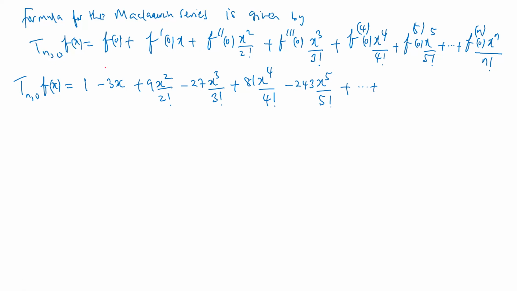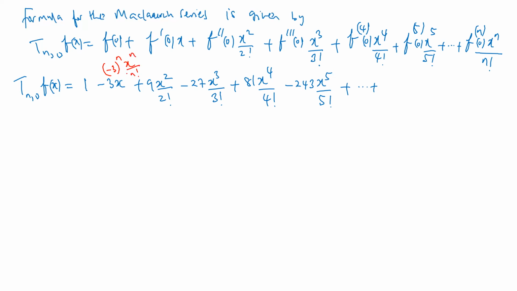So you can see it as minus 3 to the power n, x to the n over n factorial.